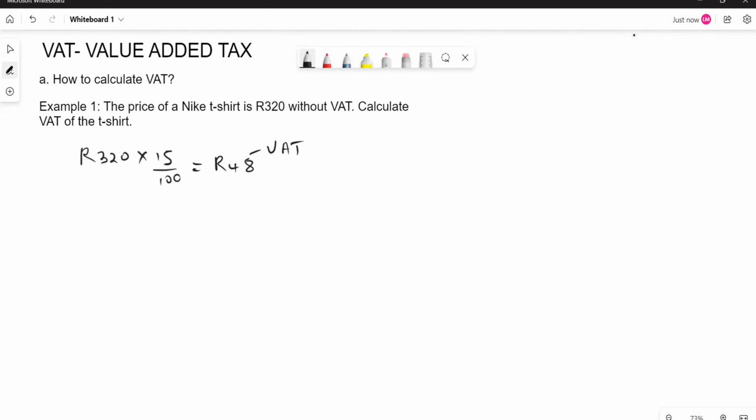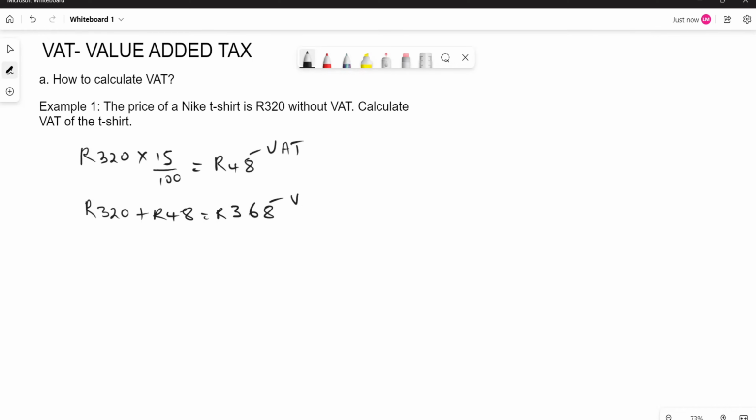It's a simple calculation. But if you now need a price which includes VAT, which is a VAT inclusive price, it's going to be your 320 rands plus the 48 rands of VAT which you just got, and it's going to give you 368 rands.